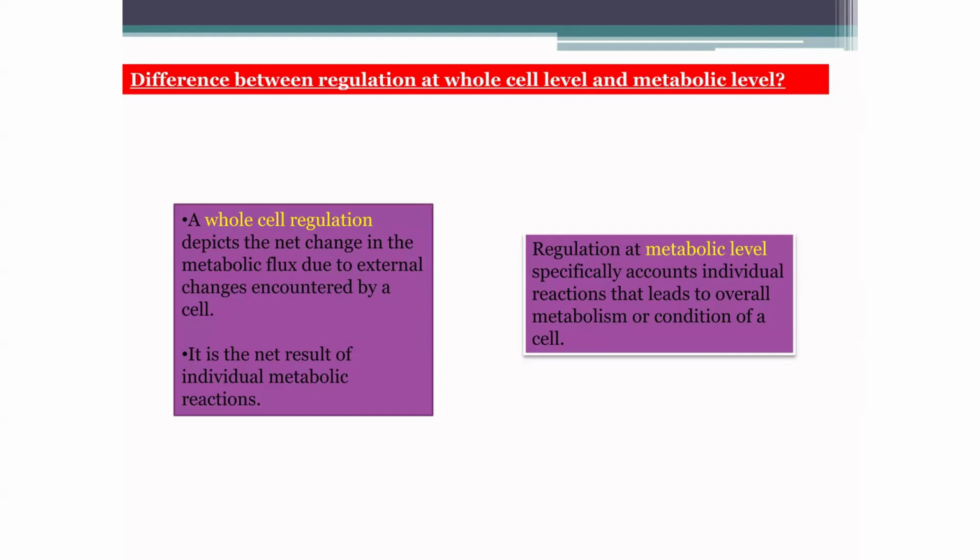When we say metabolic flux, for example, let's say this is the hepatocyte. And the hepatocyte is now exposed to a toxic environment. In the case of whole cell regulation, the cell will sense that external factor.